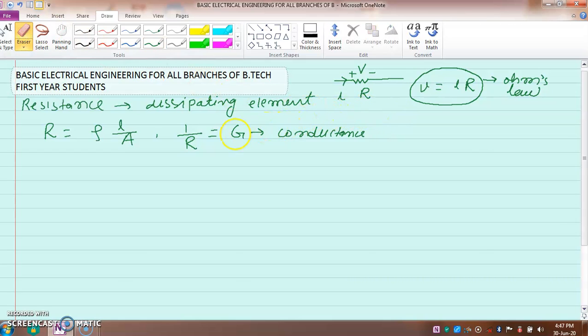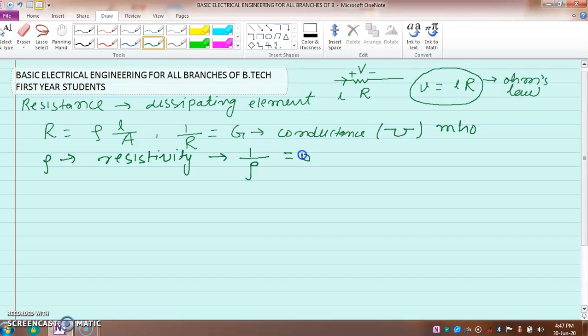This resistance has unit ohm and this conductance has unit mho. Similarly, this rho is called resistivity, and the opposite of resistivity, written by sigma, is called conductivity.